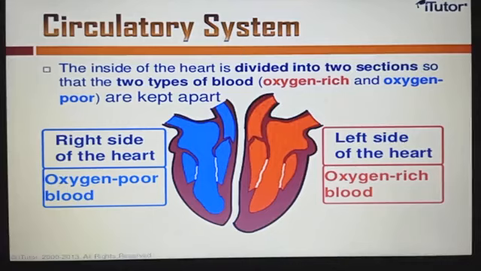Now here, as in the model, you can see inside the heart there is a division, right and left. So the right side carries the oxygen poor blood, whereas the left side carries the oxygen rich blood.